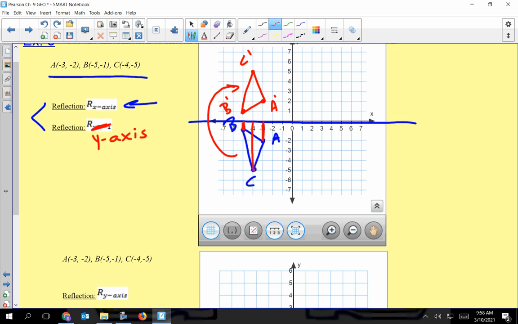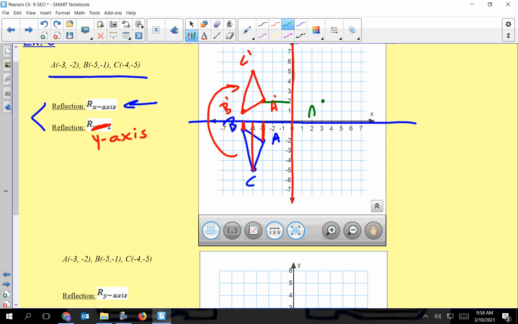So what I'm going to do now is flop this new triangle, the A prime, B prime, C prime triangle, over the y-axis. So once again, keeping distance, I'm going to flop it over. Let's start with A since it's closest. It's 3 away, so I got to go 3 to the other side.